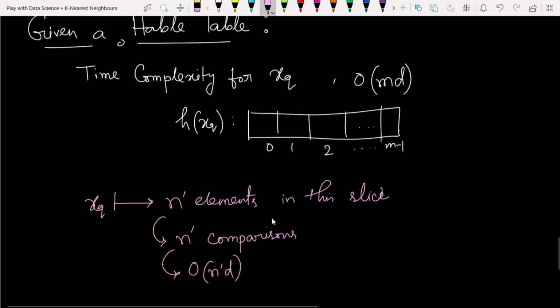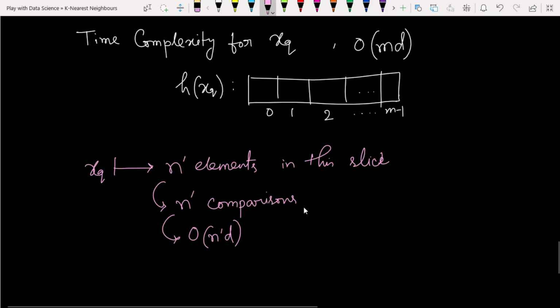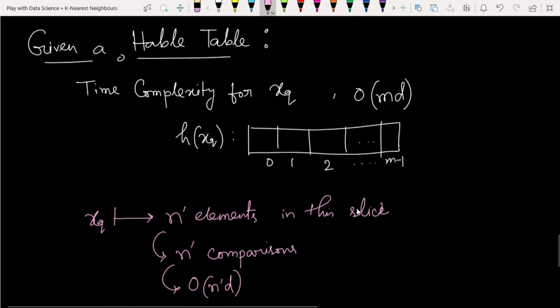After this comparison we can conclude its majority for this slice, and according to that we decide.